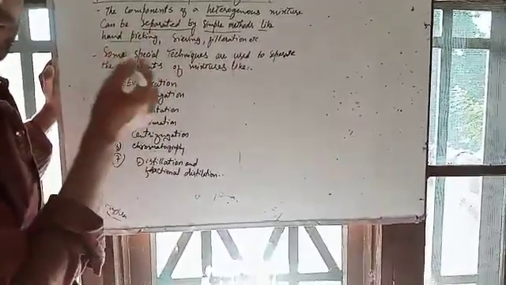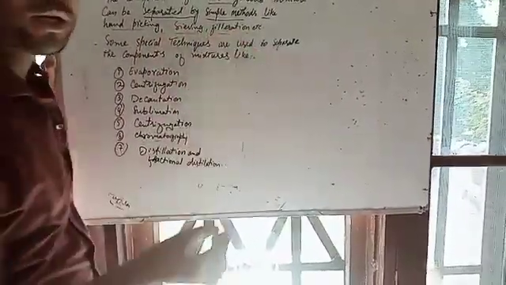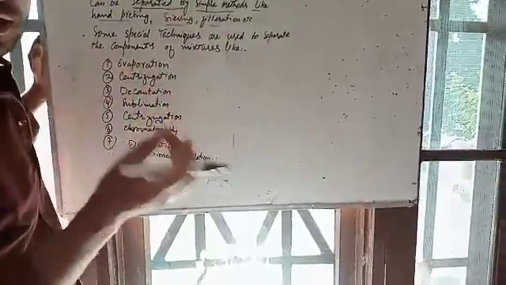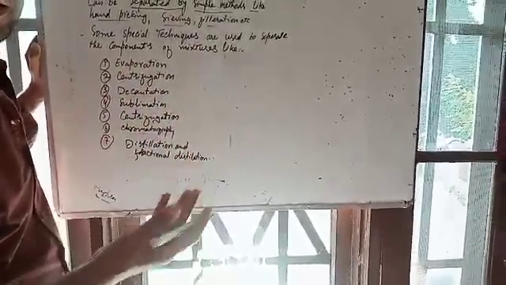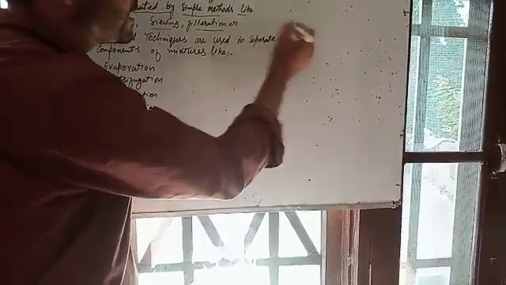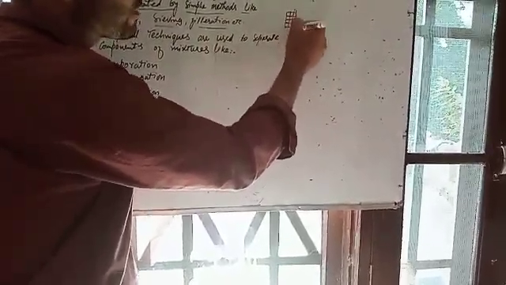For example, hand picking, sieving, filtration. For example, if the sand has some pebbles in it, how can you separate this type of mixture? By sieving. That means you have to sieve the sand. Sieve means a structure like this.